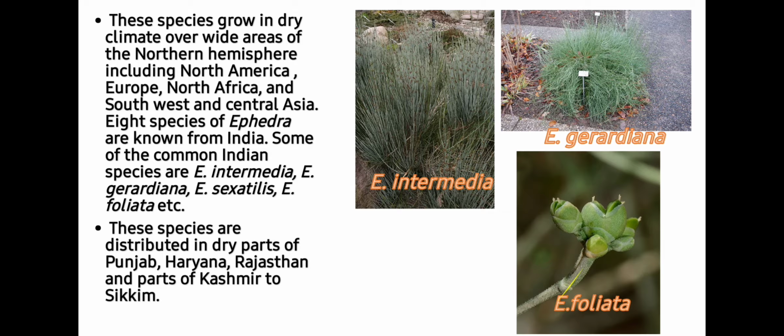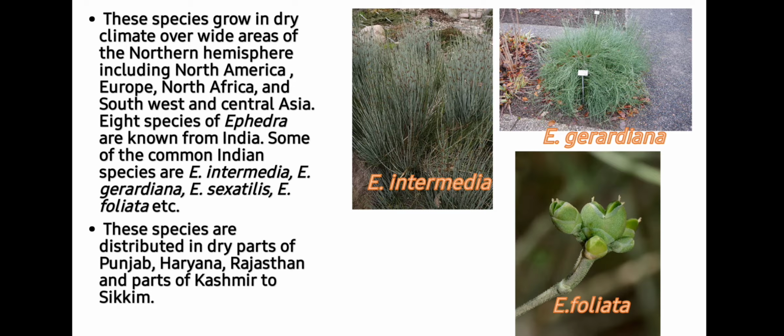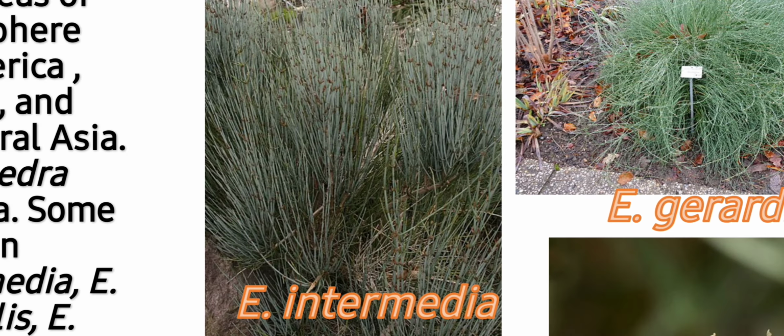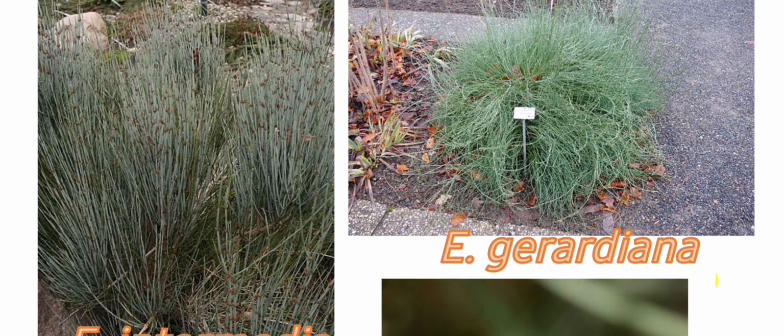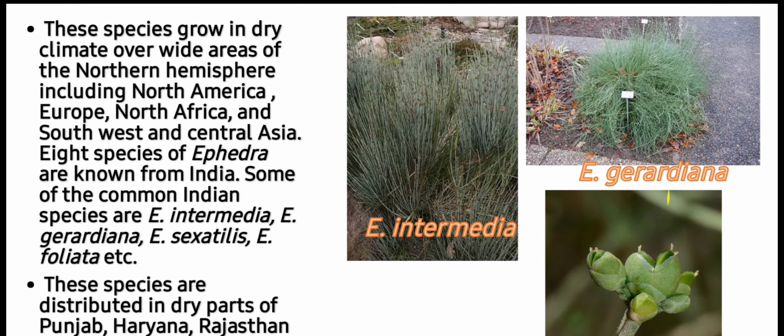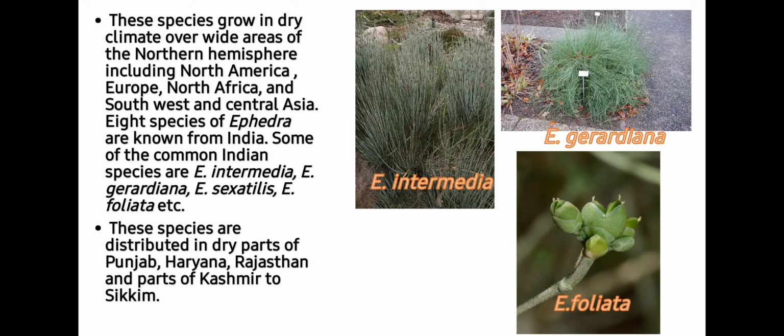Some of the common Indian species are Ephedra intermedia, Ephedra gerardiana, Ephedra saxatilis and Ephedra foliata. 3 species, that is Ephedra intermedia, Ephedra gerardiana and Ephedra foliata, are shown in the slide. These species are distributed in dry parts of Punjab, Haryana, Rajasthan and parts of Kashmir to Sikkim.